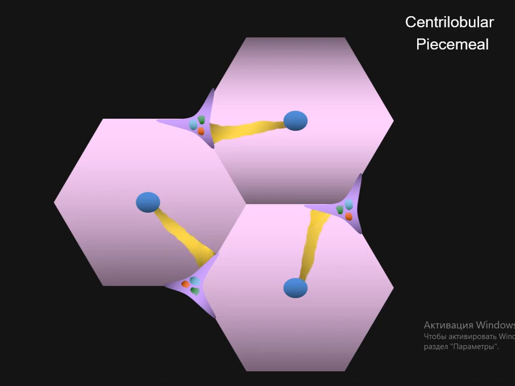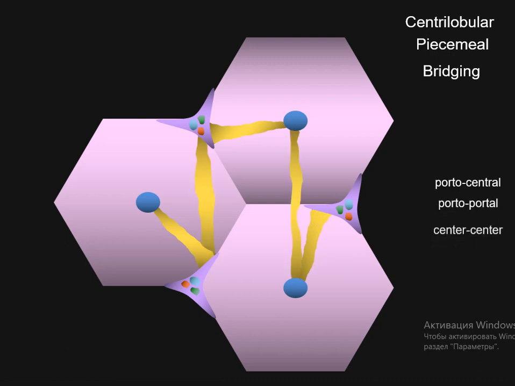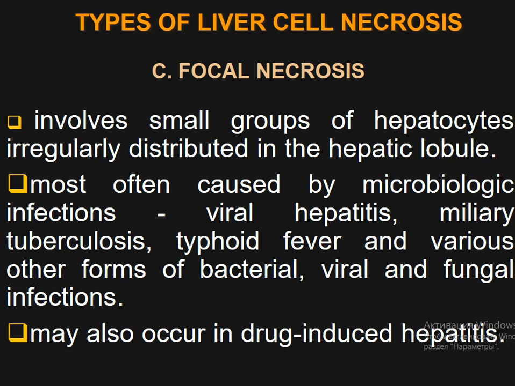And bridging necrosis: portocentral, portal, and central necrosis. And the last subtype of liver cell necrosis is focal necrosis, involving small groups of hepatocytes irregularly distributed in the hepatic lobule, most often caused by microbiologic infections like viral hepatitis, tuberculosis, typhoid fever, etc., and may also occur in drug-induced hepatitis.